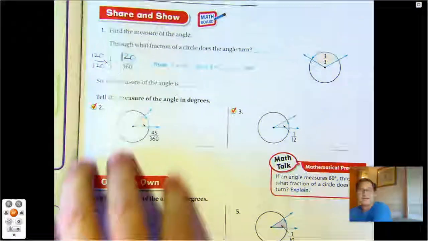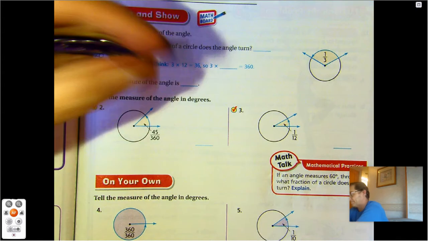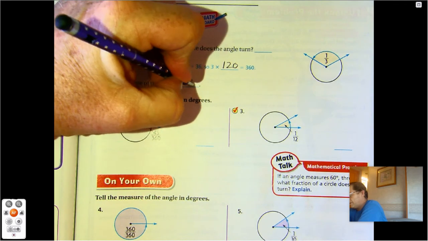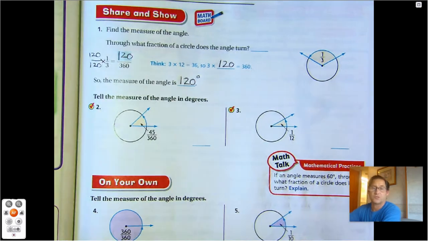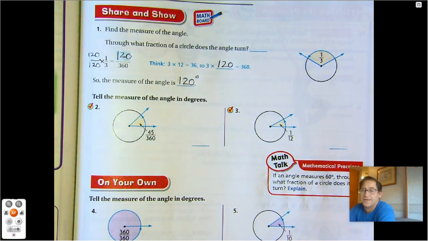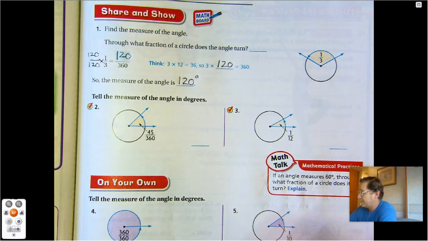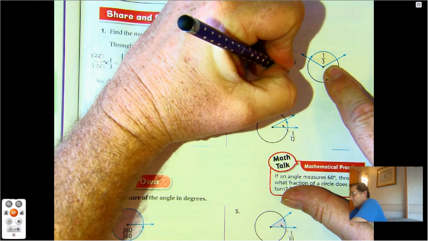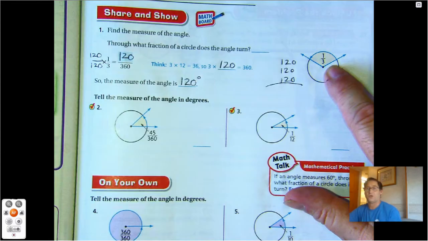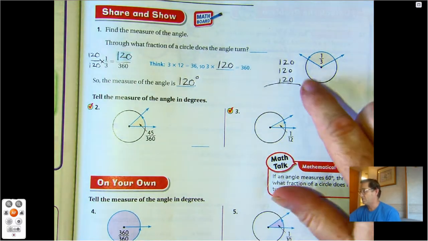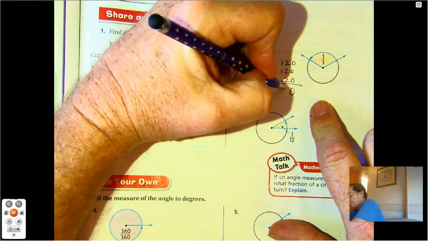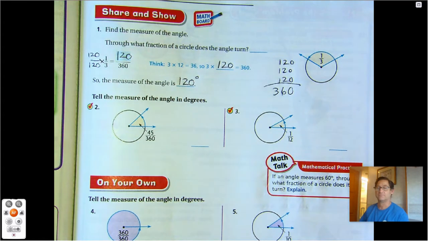So 120 times 1 is 120. So the measure of an angle that makes a 1/3 turn around a circle is 120. And that makes sense because if this is 1/3, I would have 3 turns in this circle, which means if each turn is 120, it should add up to 360, which it does.